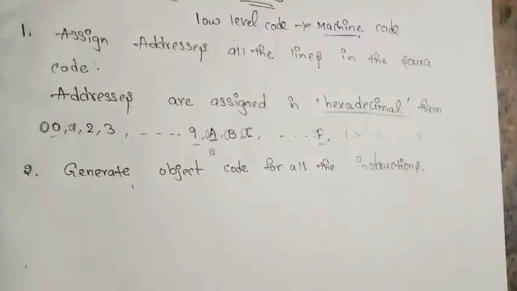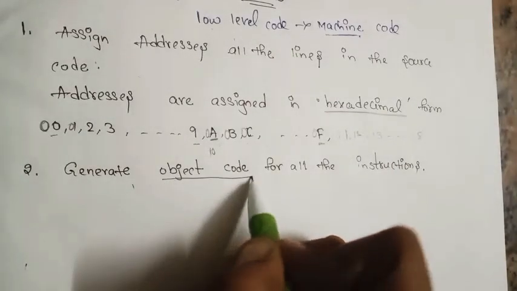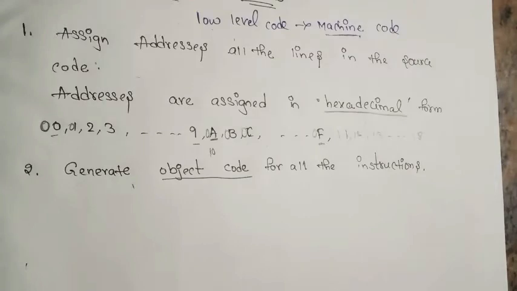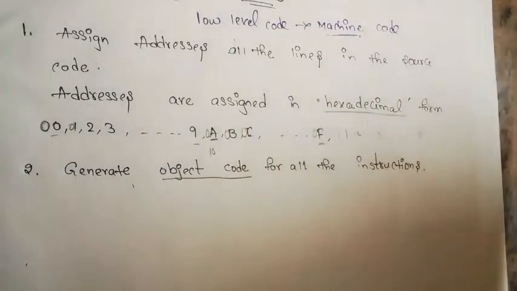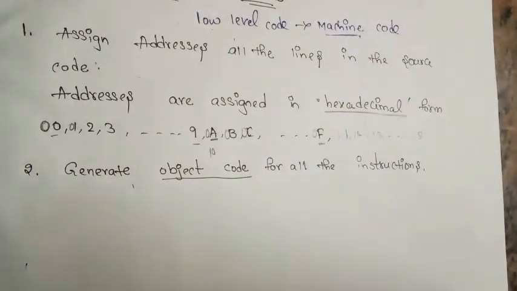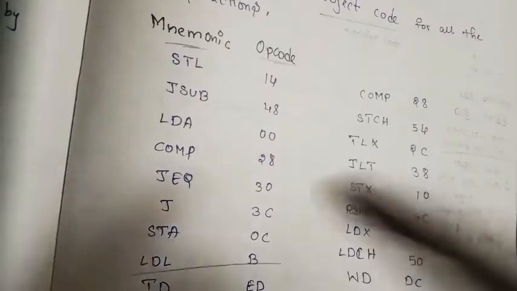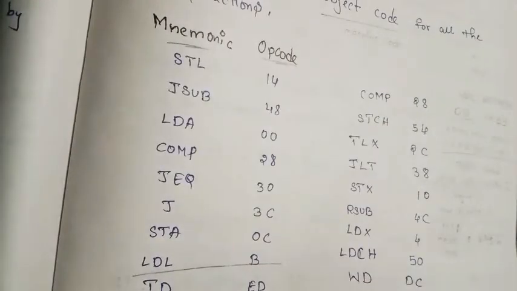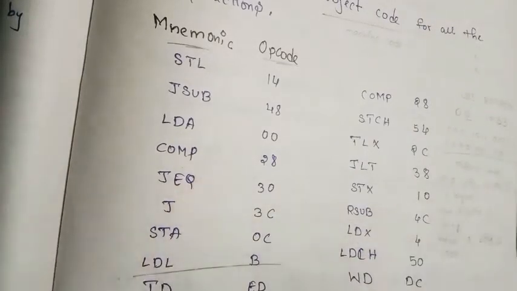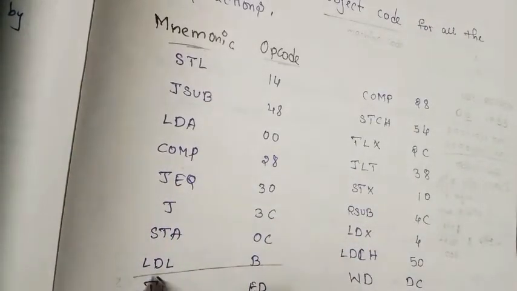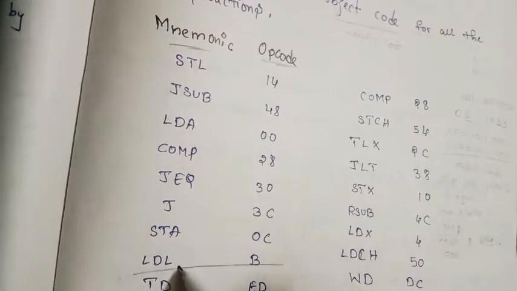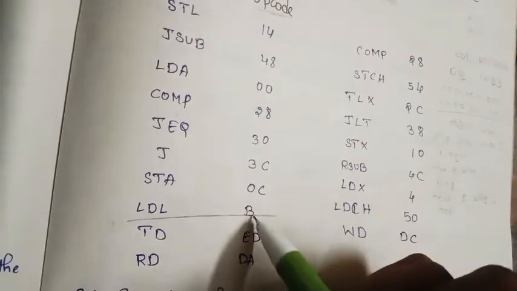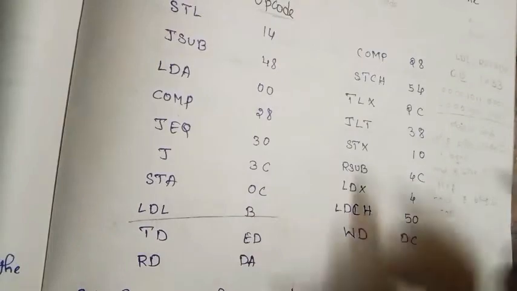Here, to write the object code by ourselves, we need to know some instructions. What are the instructions we need to use? So in this table, they just mention the mnemonic name and the opcode number. If we select any mnemonic name, that means if we select LDL, the opcode number is B. B means what, guys?